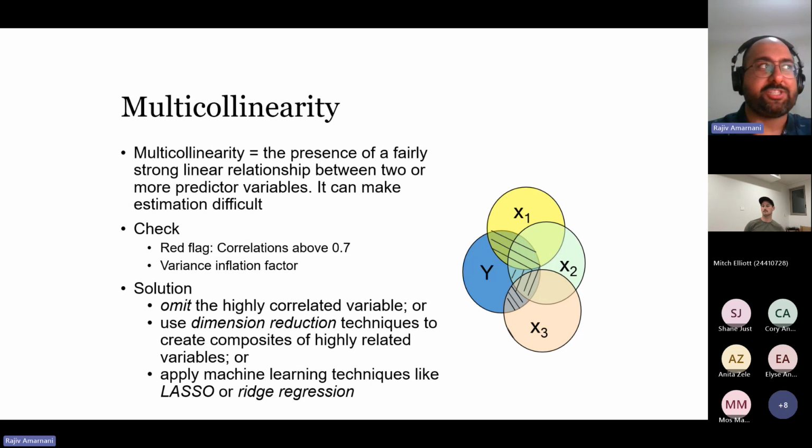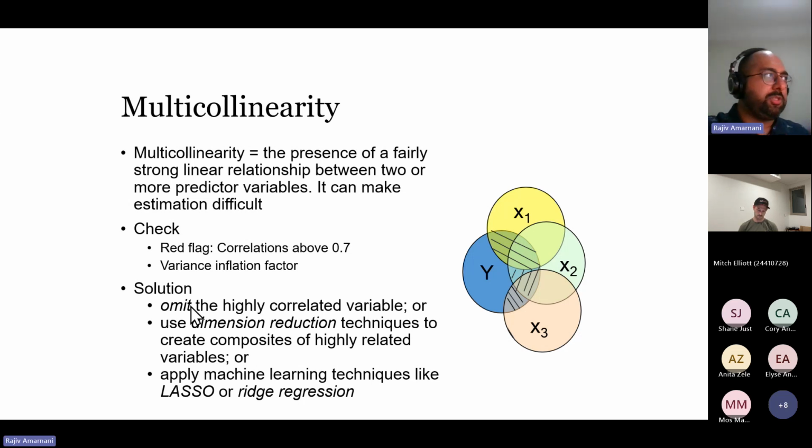Suffice to say, what you should be doing when running multiple regressions is checking the correlations amongst your predictors, flagging anything over 0.7, and asking, is there redundant information amongst my predictors? If there is, that could be creating the problems I'm seeing.